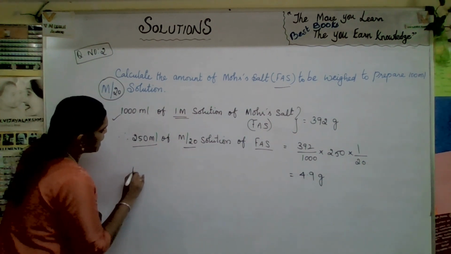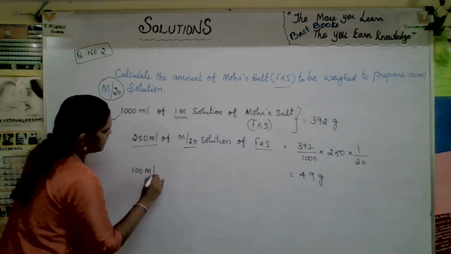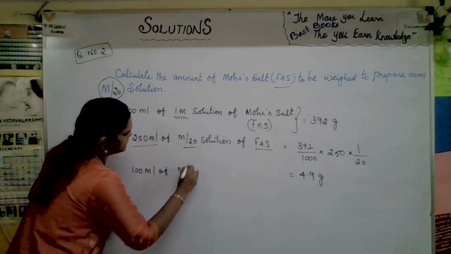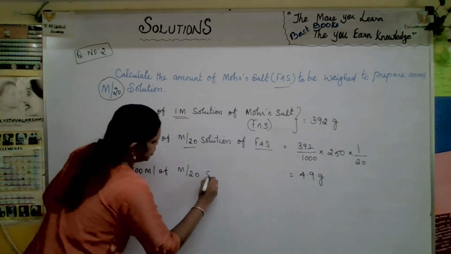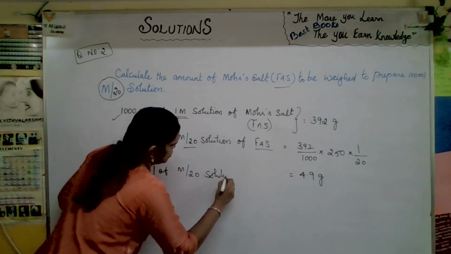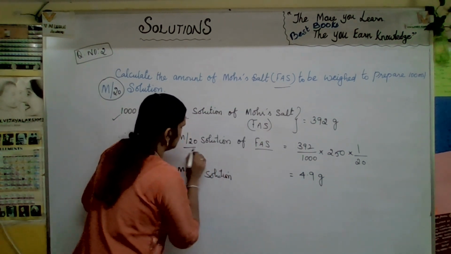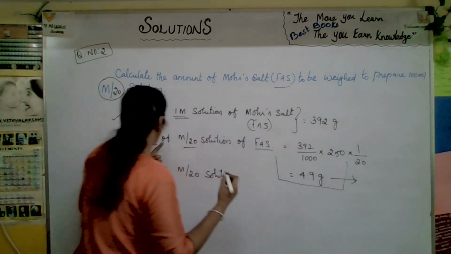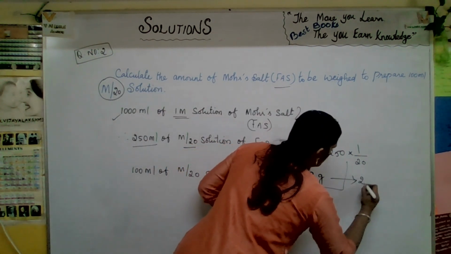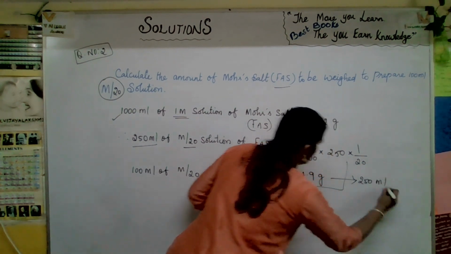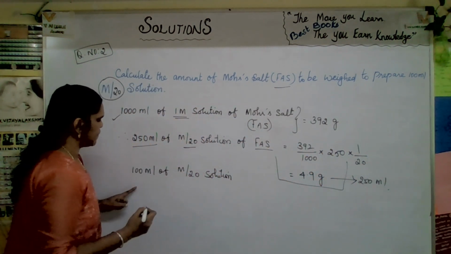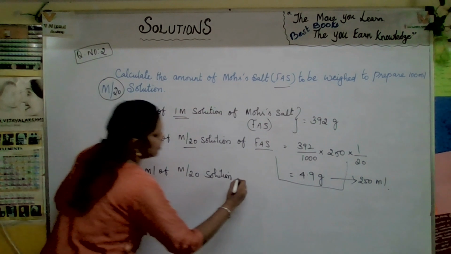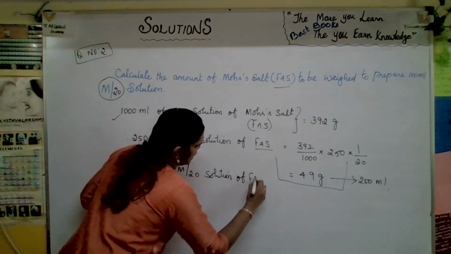Okay, now 100 ml of M/20 solution. Please note that the previous one was for 250 ml. Now it is 100 ml of FAS.